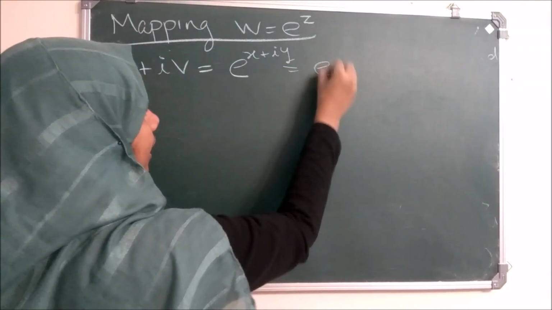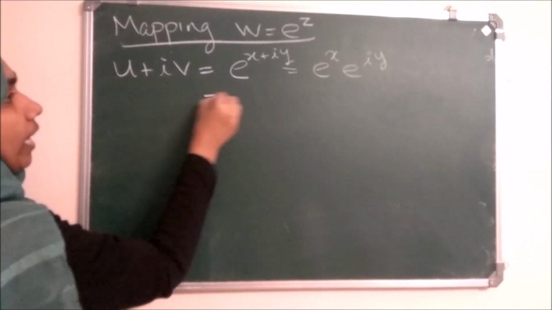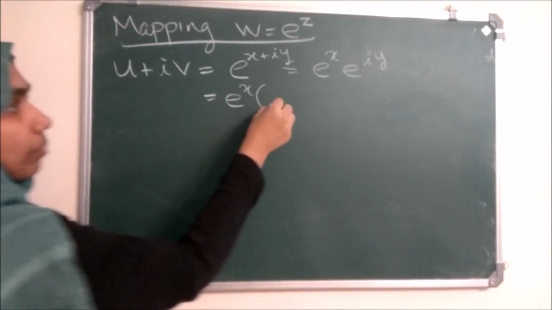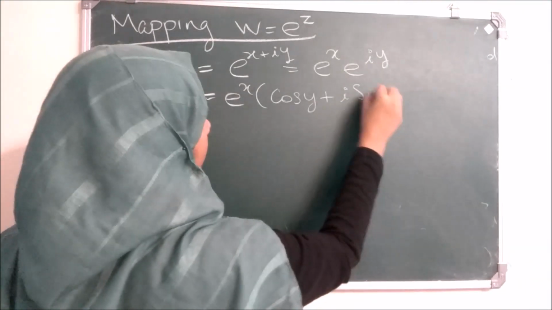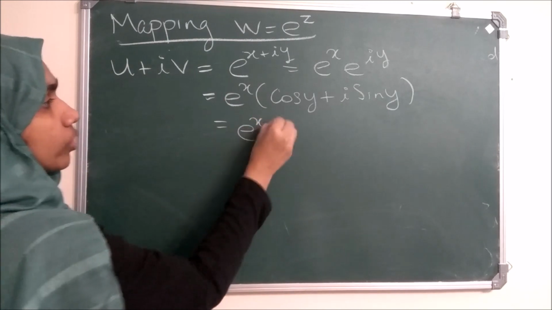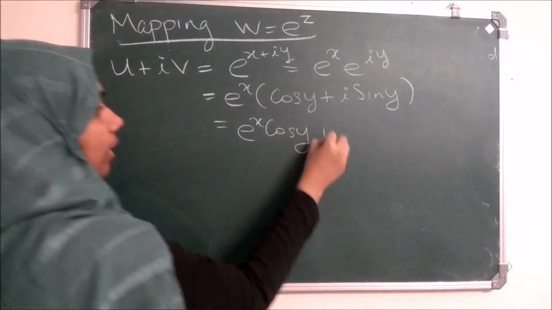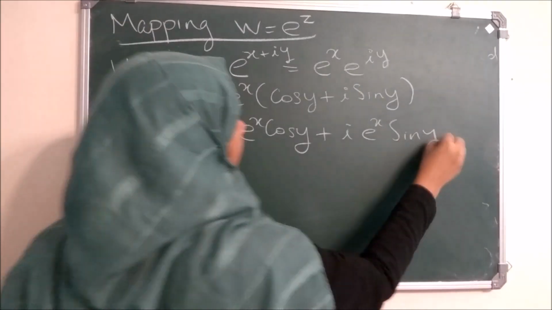So this can be written as e raised to x into e raised to iy, and e raised to iy can be written as cos y plus i sin y. So e raised to x cos y plus i into e raised to x sin y.